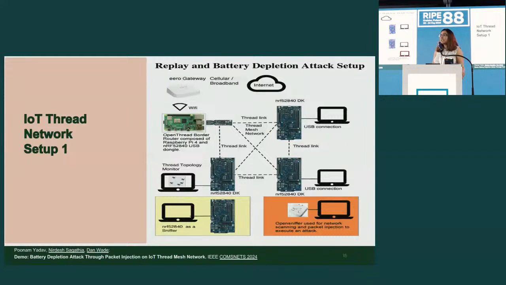In our first IoT thread network setup that looked like this, we had 4 Nordic boards, and one of the Nordic boards, the smallest footprint chip, we connected with a Raspberry Pi to make it a border router.